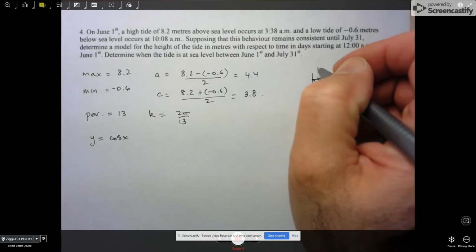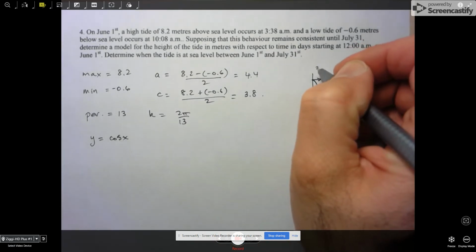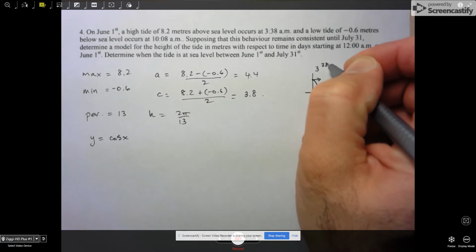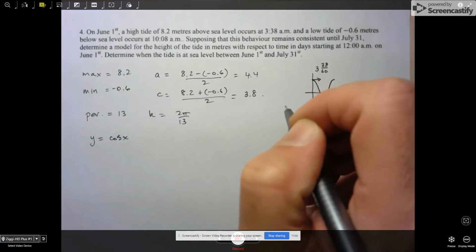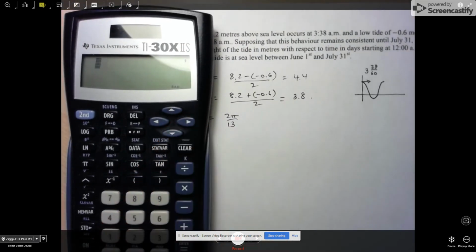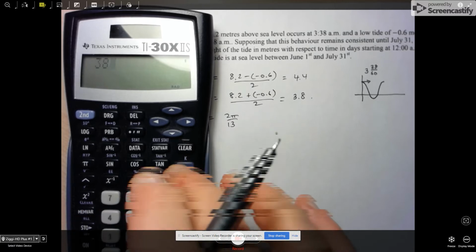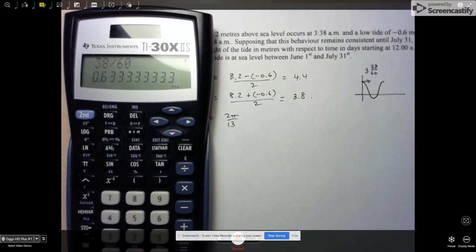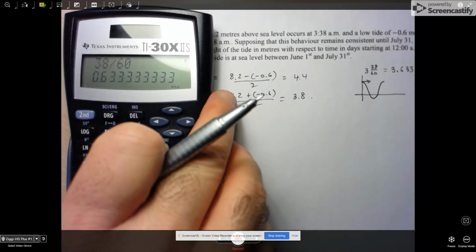So essentially this means I have to move it by 3 hours and 38 sixtieths of an hour. So let's figure out what that is here. 38 divided by 60 is 0.6333. So that's about 3.633. Okay, so that's going to be our phase shift.